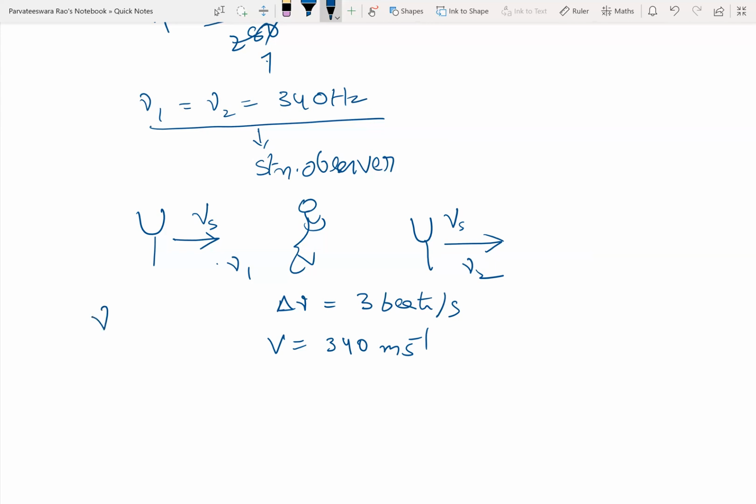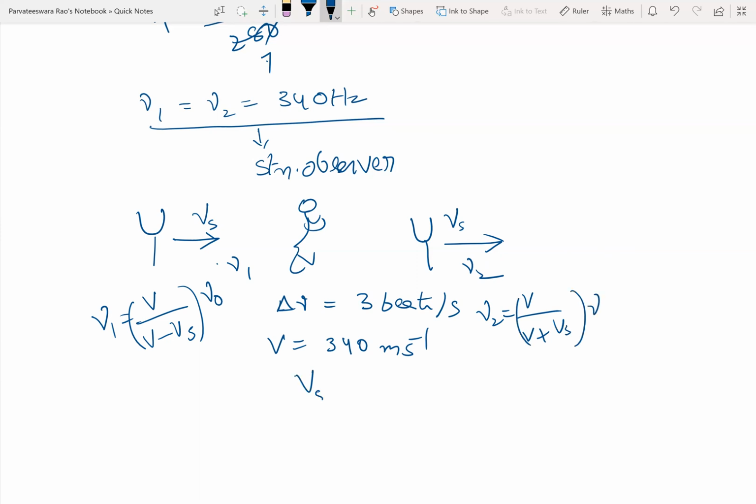So we discussed it. Nu1 is, because the source is approaching, V by V minus Vs into nu naught. Nu2 is V by V plus Vs into nu naught.